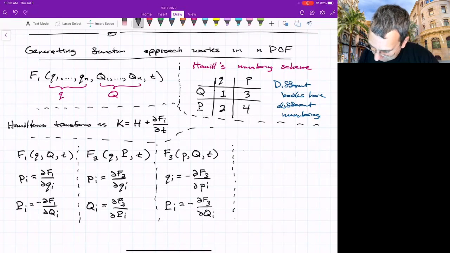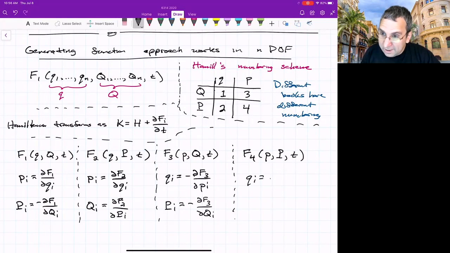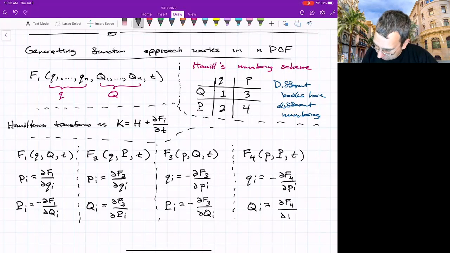And the generating function of the 4th kind, sounds ominous, is p and big P and time. q_i is minus partial f4 partial p_i. Big Q_i is partial f4 partial big P_i. Okay, so those are the sets of rules.